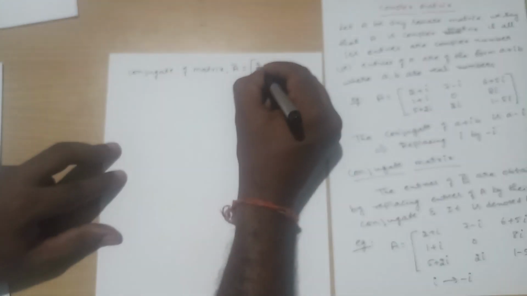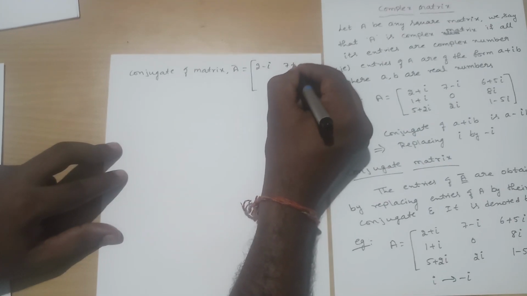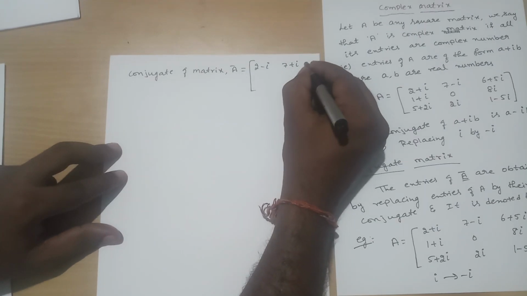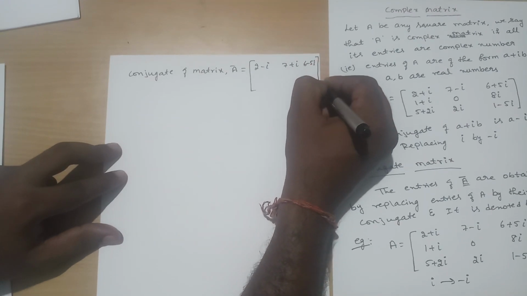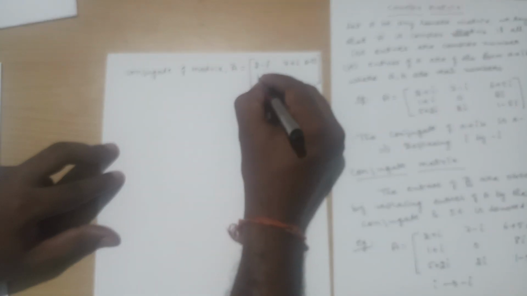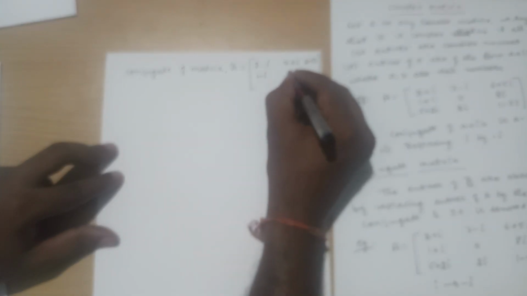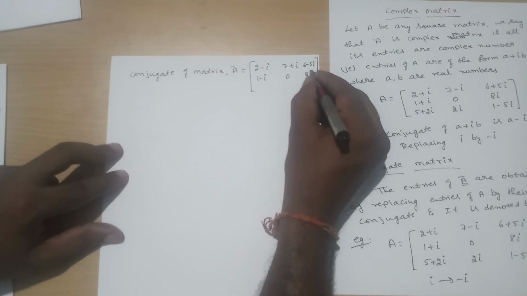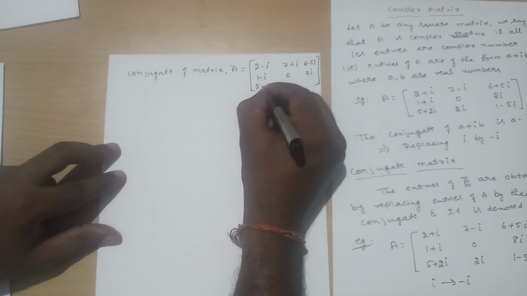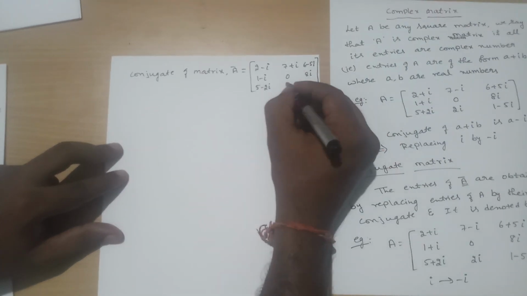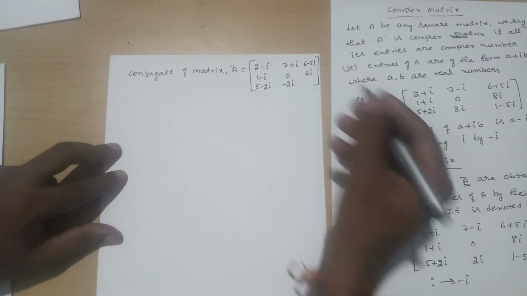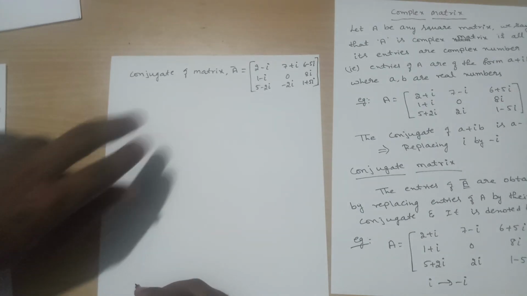Here i is replaced by minus i, so we get the conjugate matrix. This becomes 2 minus i, 7 plus i, and here 6 minus 5i, and here 1 minus i, 0, and here minus 8i, and here 5 minus 2i, so minus 2i, and here 1 plus 5i. So this is the conjugate matrix.